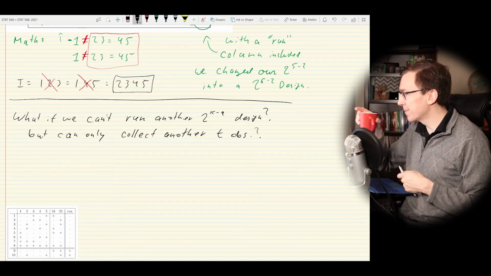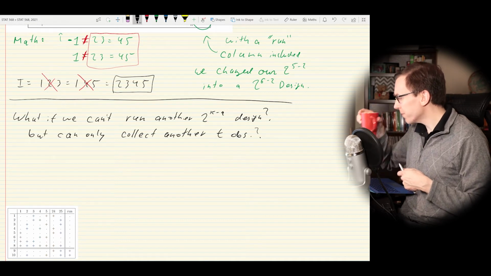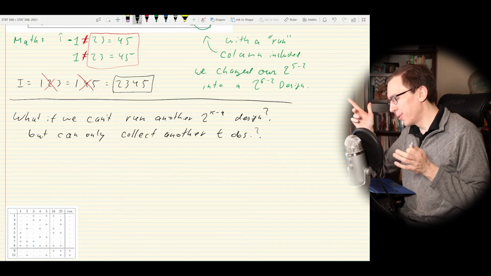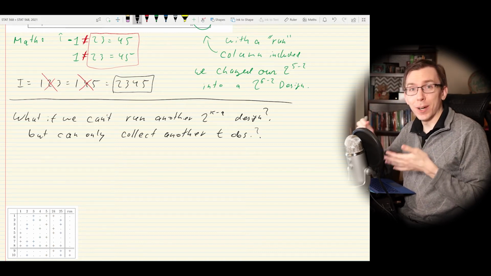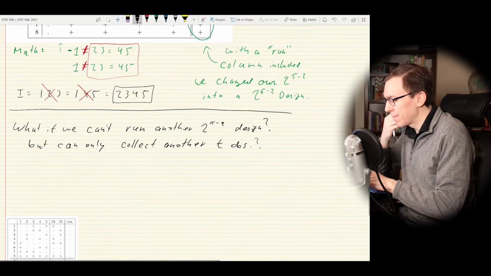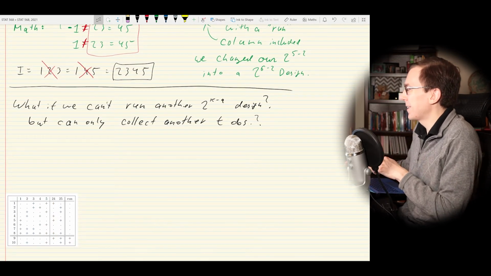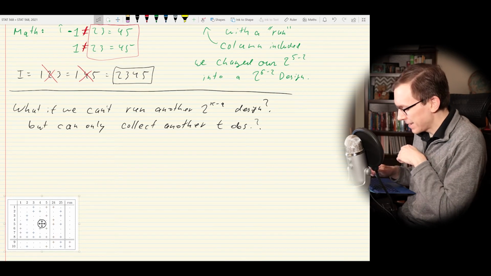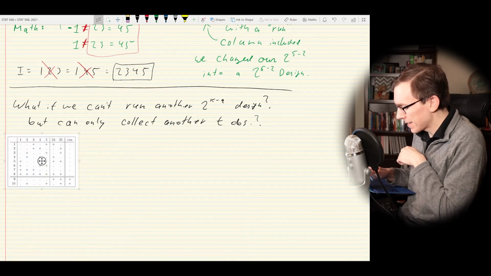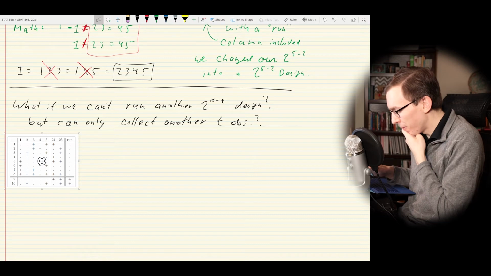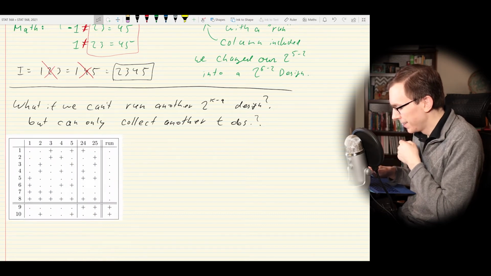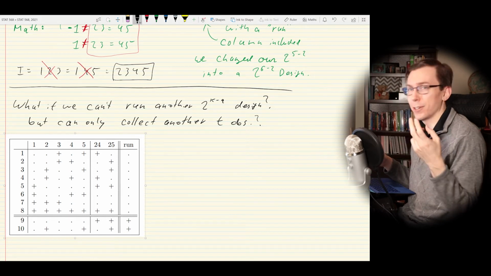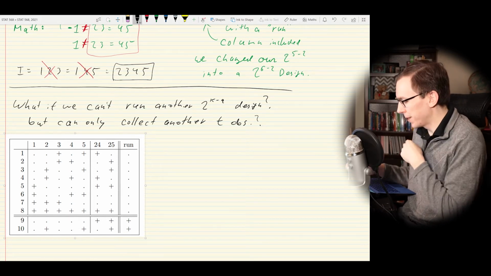Now, if we can only include t more people in our study, what treatments do we give them, right? Because the idea here, and I've kind of given away an answer, but the idea of this table is, let's say we had the design from before, we had this 2 to the 5 minus 3 design, and we're told that we can go collect 2 more data points.